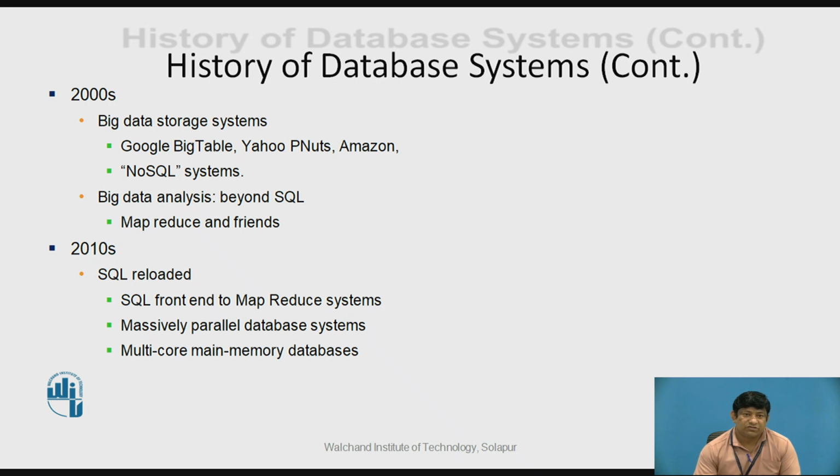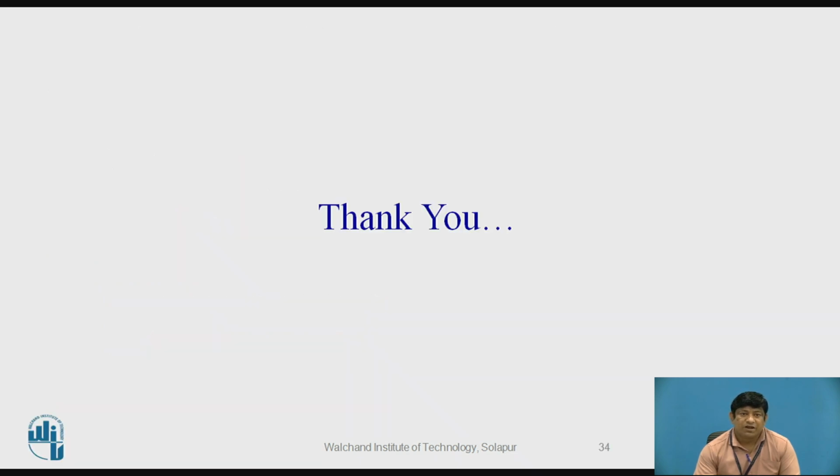Then in the 2000s, big data storage systems were introduced: Google Bigtable, Yahoo PNUTS, and Amazon, NoSQL systems, big data analysis beyond SQL, MapReduce and others. In the 2010s, SQL reloaded, with SQL front-end MapReduce systems, massively parallel database systems and multi-core main memory databases.